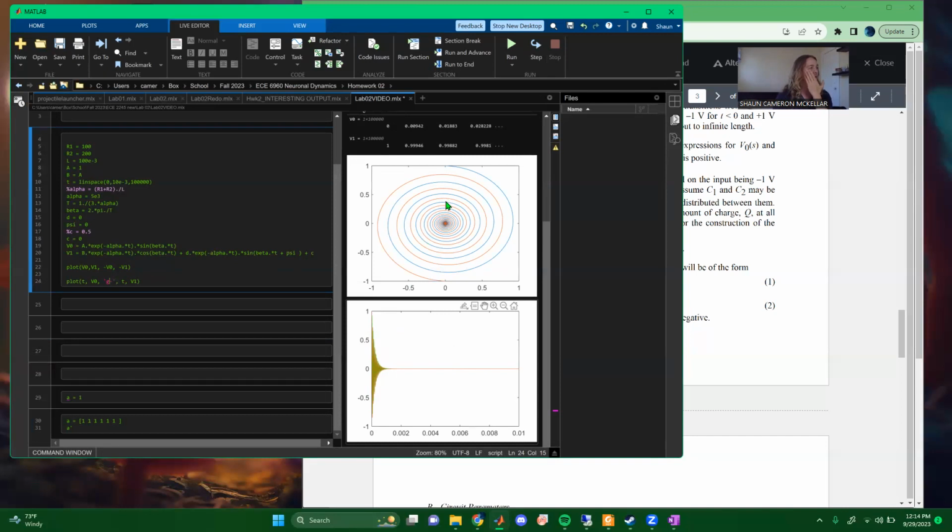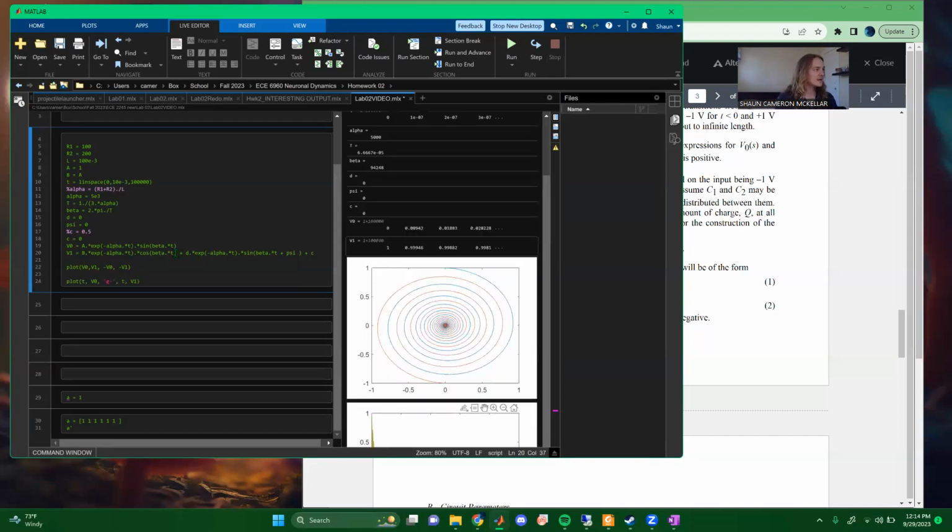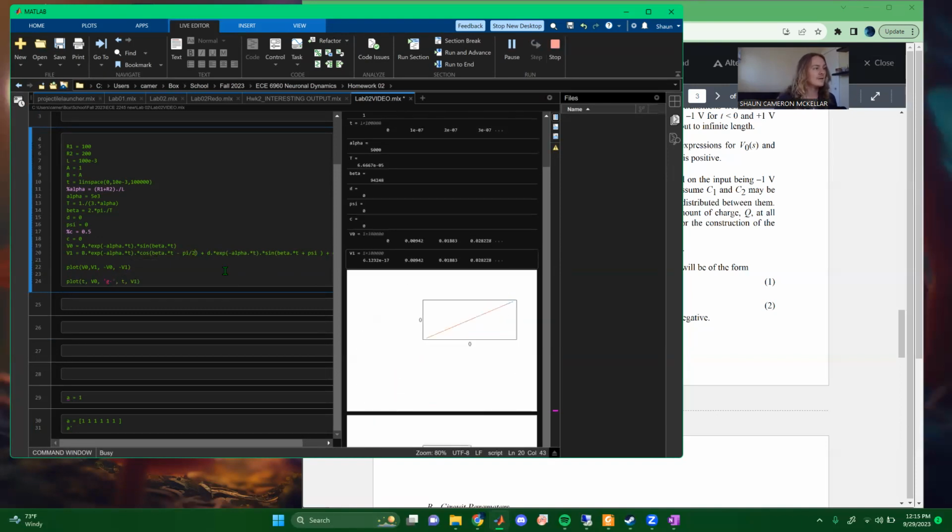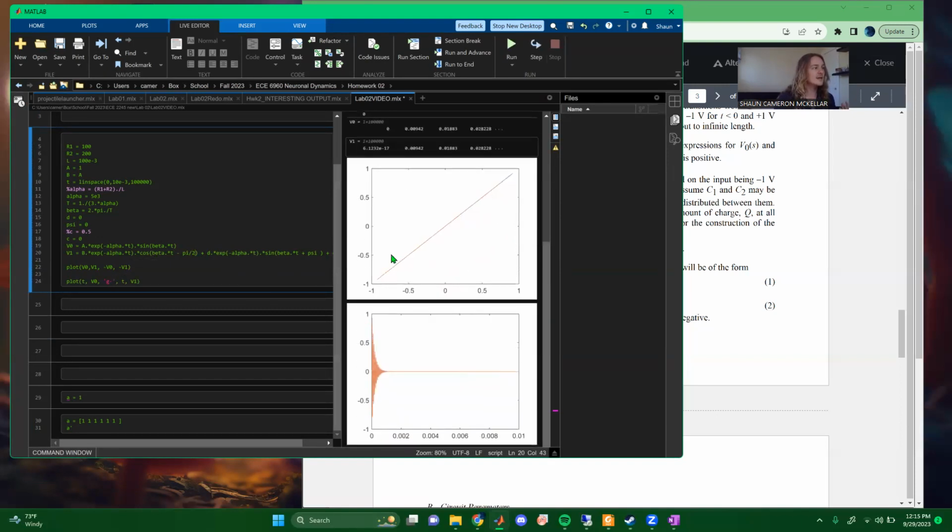Now, if I was somehow able to set this cosine and sine to be in phase, I could do that by subtracting pi over 2. I think this will work. I'm not entirely sure. Let's find out. I think that'll put them in phase. And yeah, we get a line now. That's interesting. That's not quite what I was expecting.